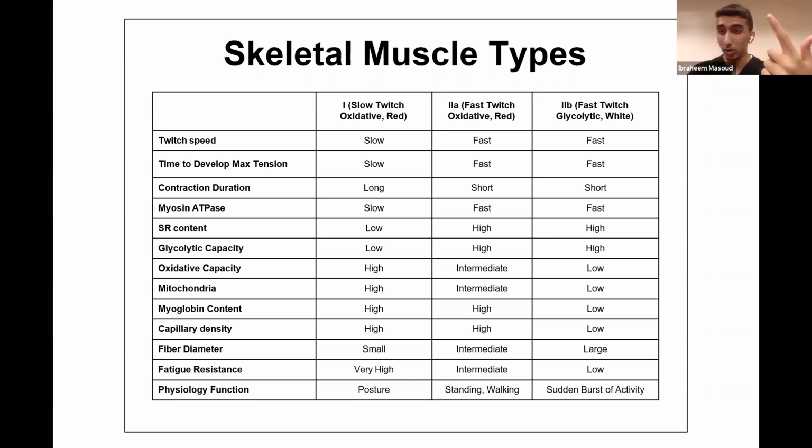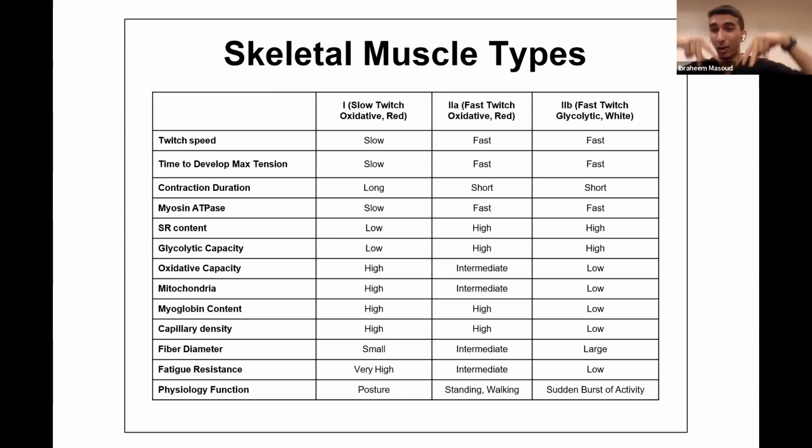In the fast twitch that are glycolytic. What does glycolytic mean? It is the anaerobic conversion, which means glucose is converted to lactic acid for ATP, not using oxygen. There is no oxygen here, just lactic acid. And no oxygen means no mitochondria or less mitochondria, which is why, by the way, guys, chicken legs are red and chicken breast is white.